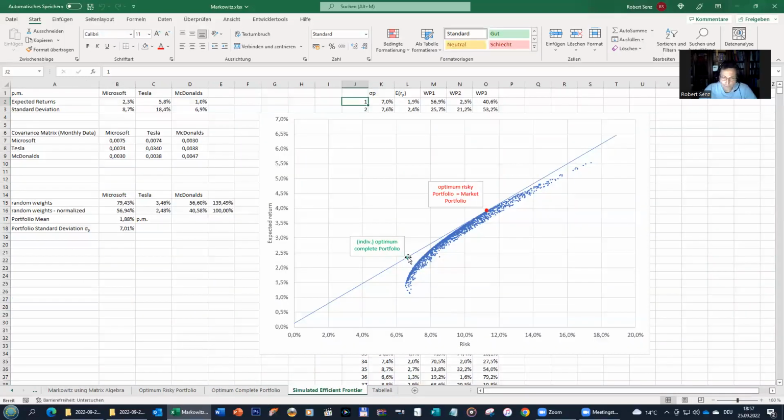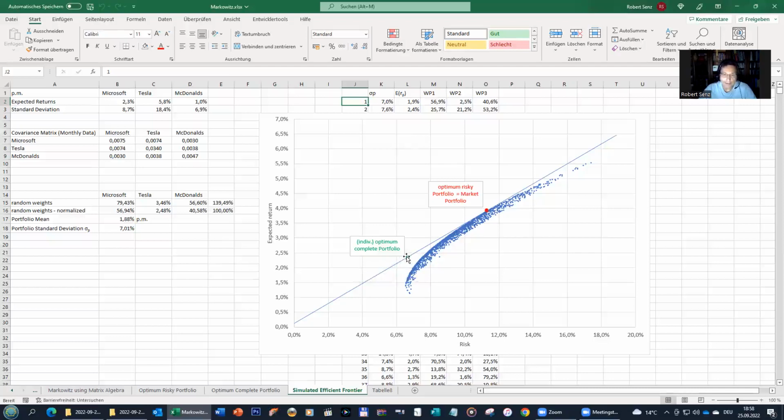And this green spot here is the optimum complete portfolio. You could say, well, I don't know why it is where it is, because I didn't draw the indifference utility curves. I don't want to go through this again. But you should know that this is the point where the indifference curves have a tangent line, which is the blue line, and this is where those two lines are meeting.